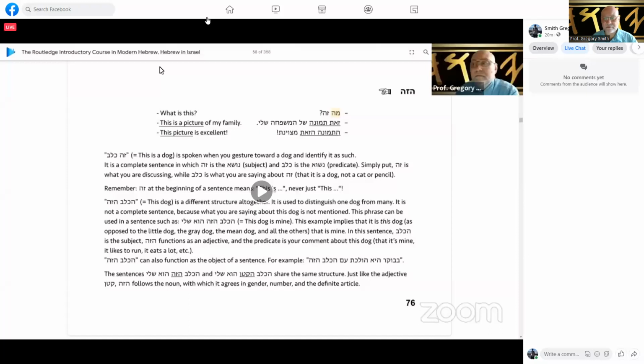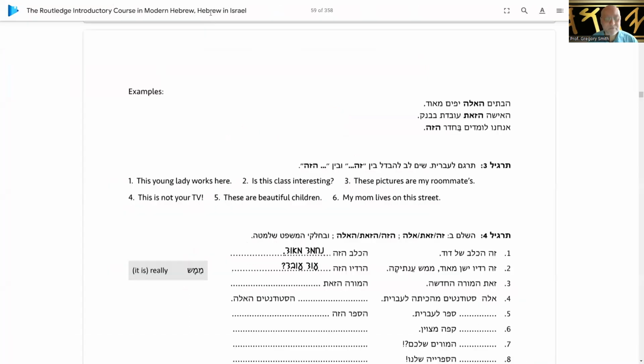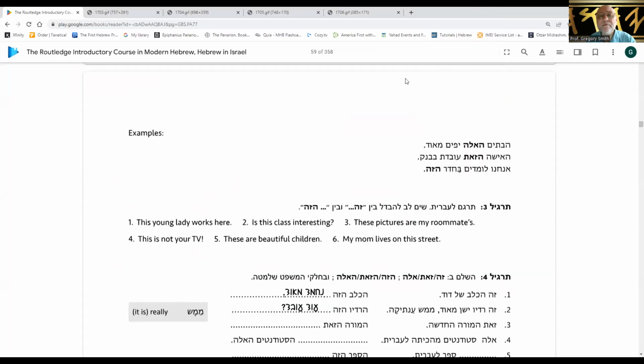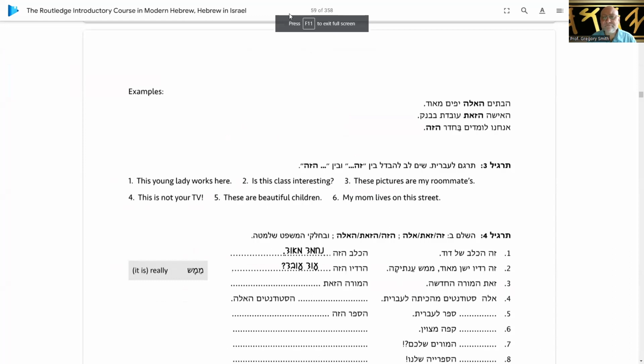Oh, get rid of that. All right. These always take me longer. It's easier for me to do Hebrew to English than it is to take English and turn it into Hebrew. All right, is this class interesting?